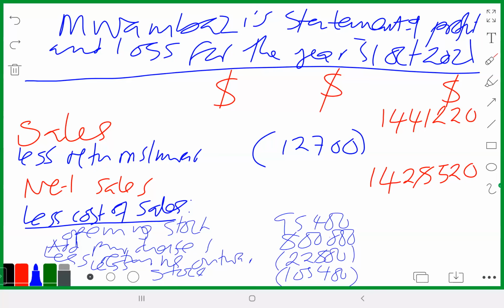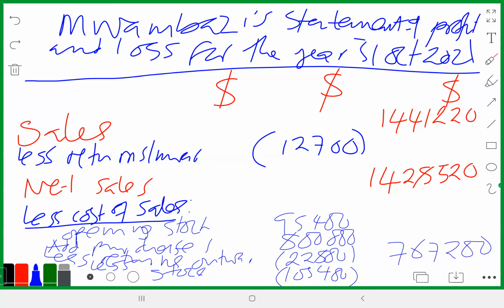You can command your calculator again. My calculator is giving me something different. 767,200. I find the same here.